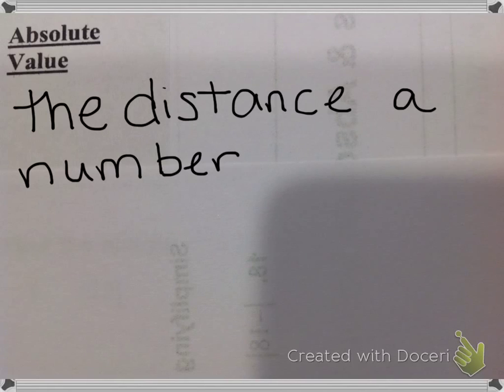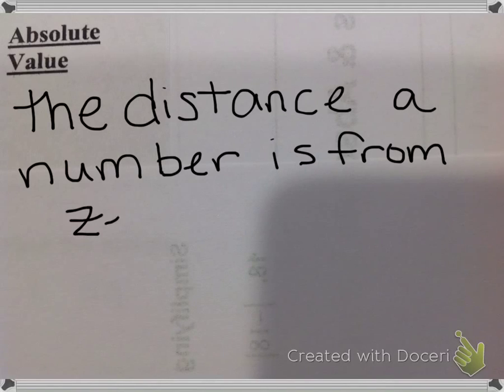The distance a number is from 0. Okay, and in the example, I'm going to show you what that means, and it's actually very simple. The distance a number is from 0 is the absolute value.